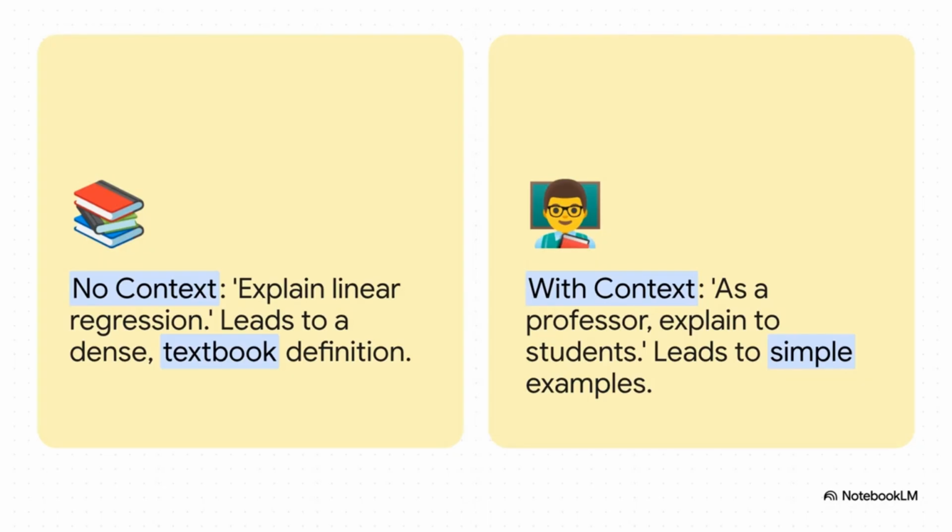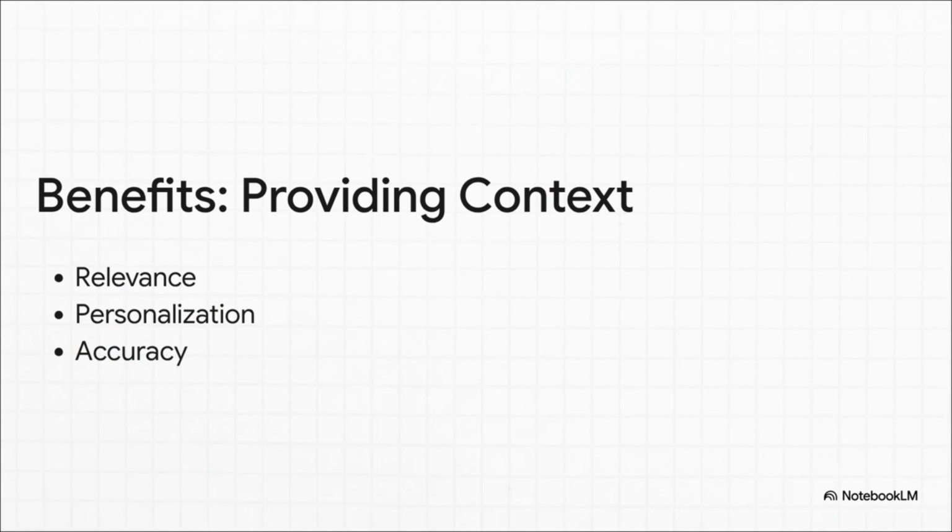This is the power of context in action. Without it, a prompt like "explain linear regression" gets you a dry, dense textbook definition, but adding context, "you are a professor explaining it to students," transforms the output into something simple and relatable. The payoff is huge: context delivers relevance, personalization, and way more accuracy.